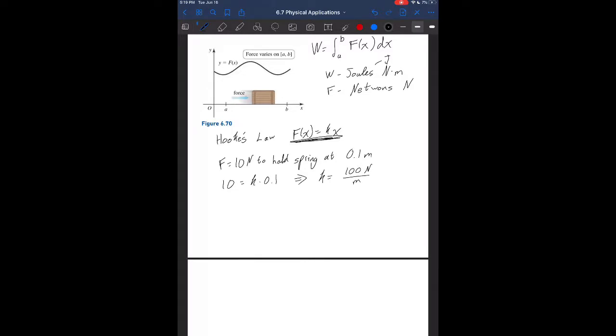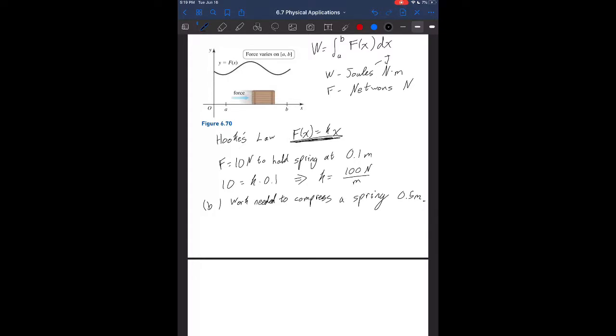So then we can ask questions like, well, how much work do you need to actually compress this spring? And let's do that. So how much work was needed to compress a spring 0.5 meters?